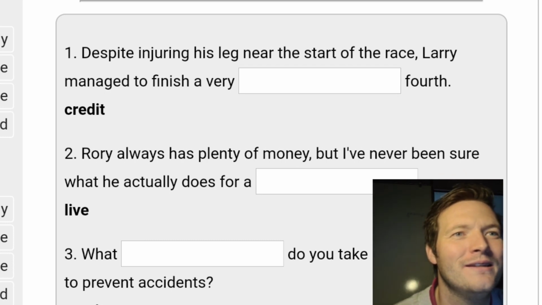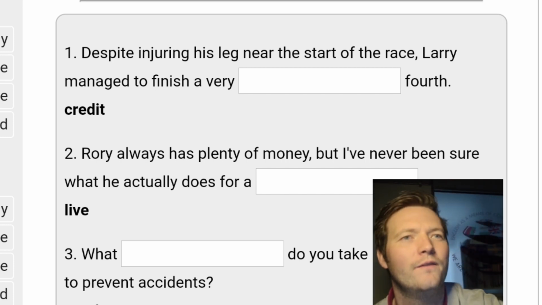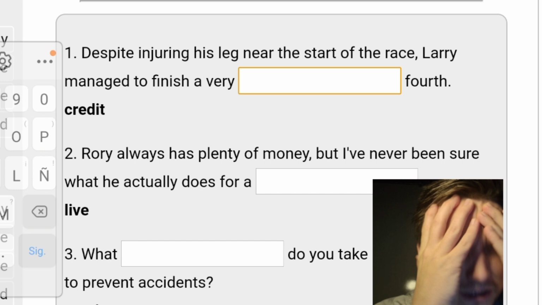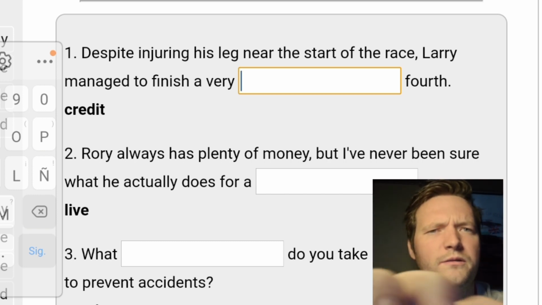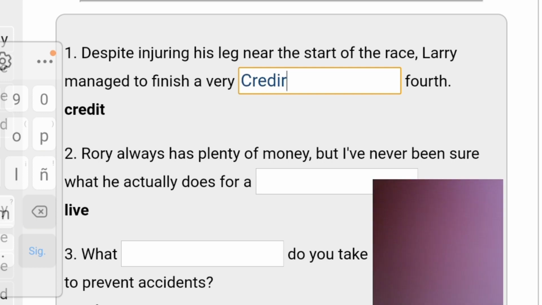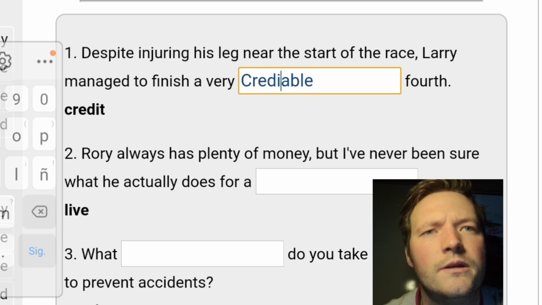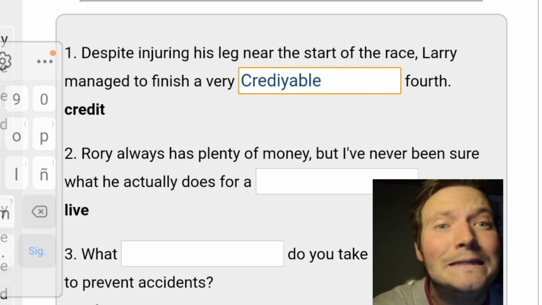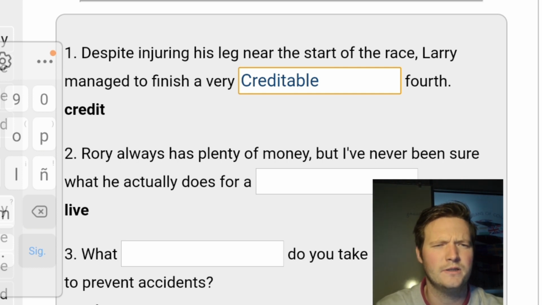Despite injuring his leg near the start of the race, Larry managed to finish a very respectable, I guess, creditworthy... Oh God, that shouldn't be an R. That should be an A. That should be a T. Creditable. I think creditable exists.